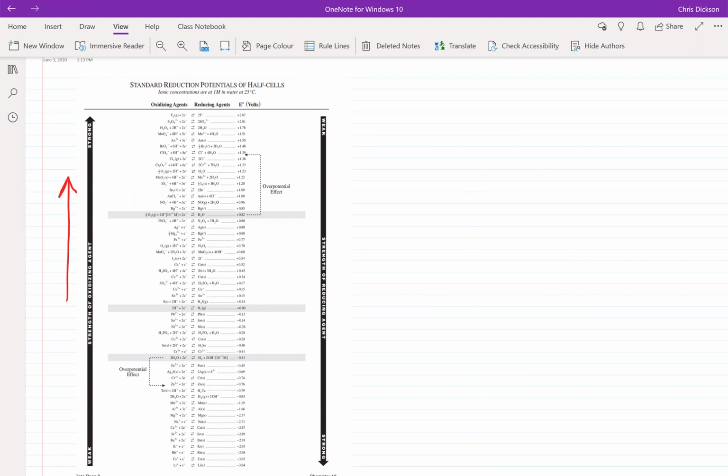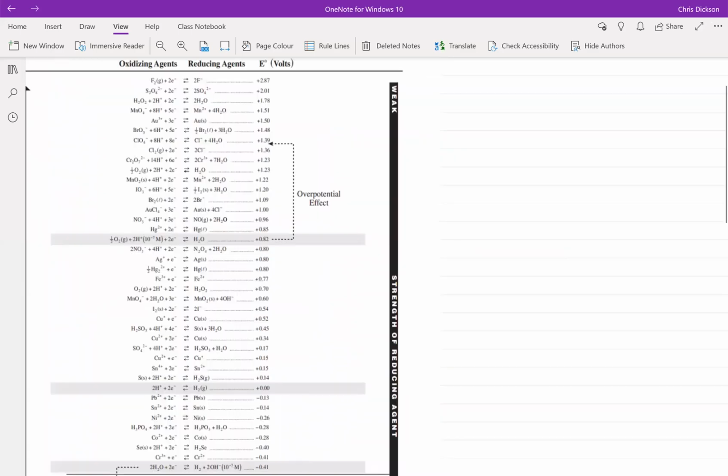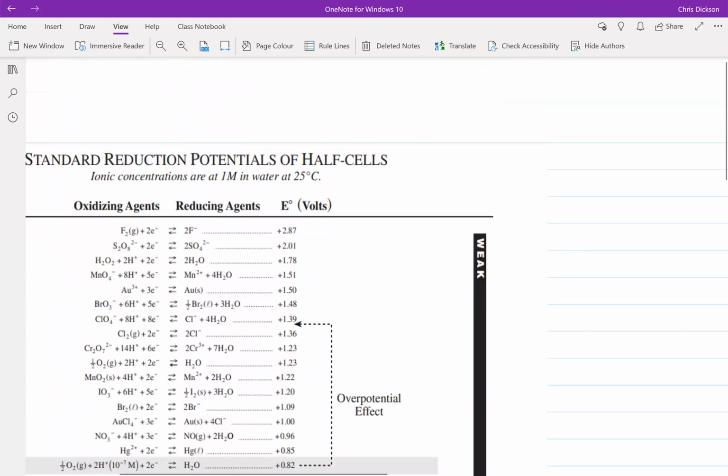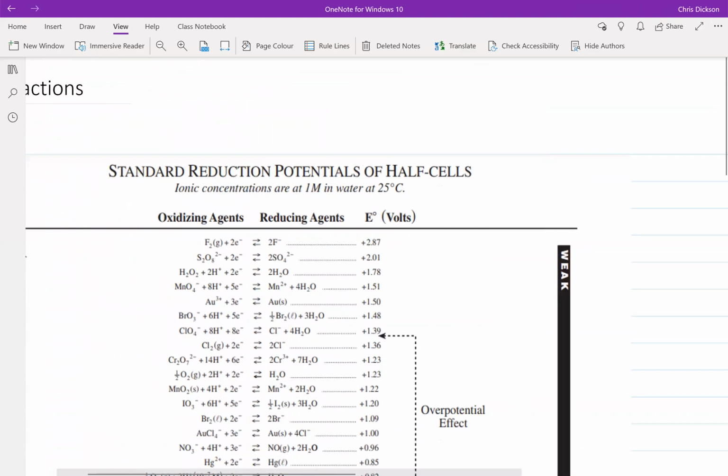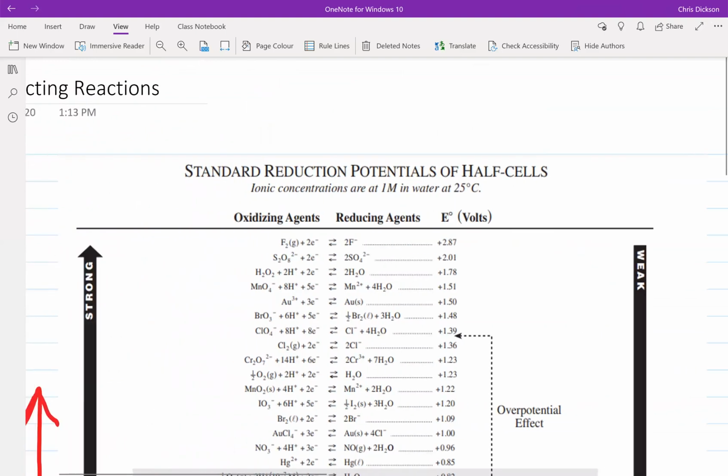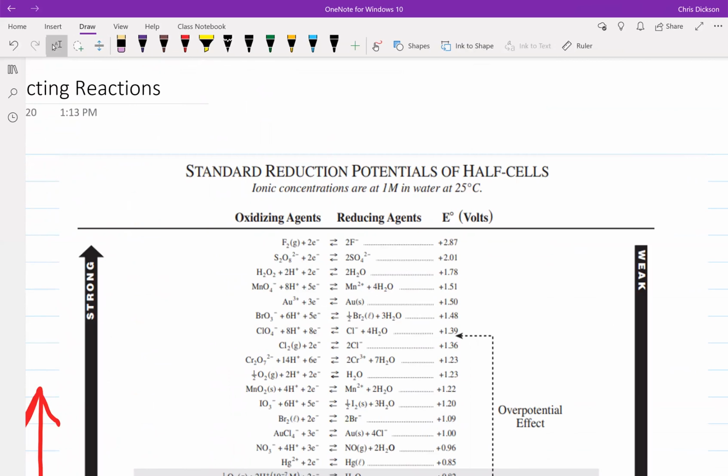Once again, you have to go back to the definitions of oxidizing agents and reducing agents. If you look at all the things under the oxidizing agent column, you'll notice that in every single one of them, you are adding electrons. For example, the first one, fluorine gas, you're adding 2 electrons.